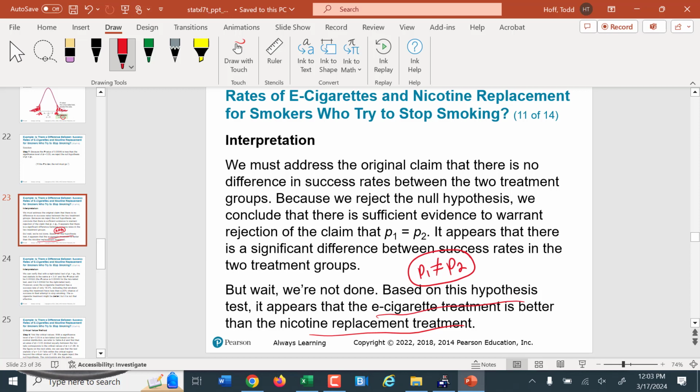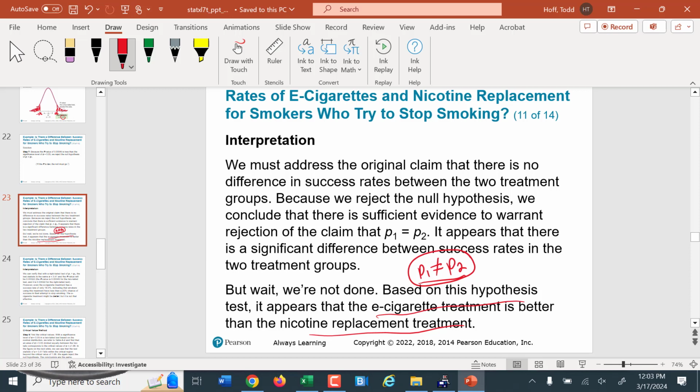Yeah, the data does show that, but the test cannot conclude that, because when we're doing a hypothesis test, we either fail to reject the null hypothesis, so we stay with it, or we reject the null hypothesis and we have to go with the alternative. And the alternative was that they were not equal. It was not saying that the e-cigarette treatment was better than the nicotine replacement treatment.